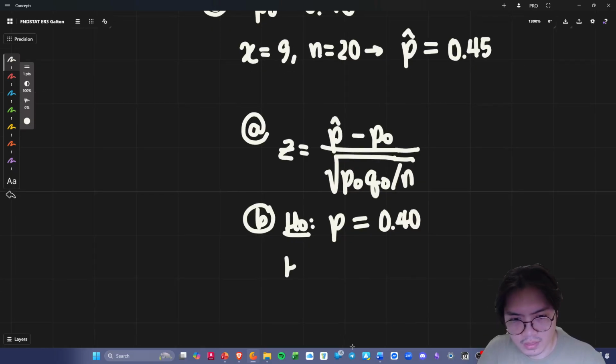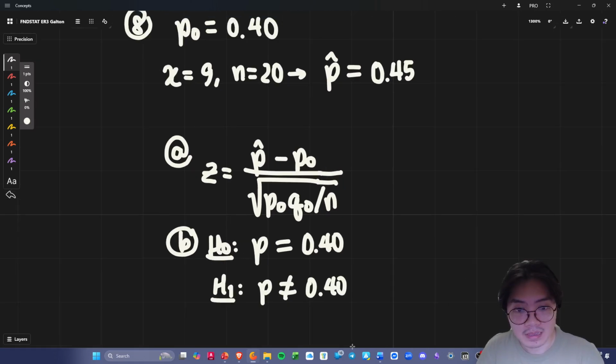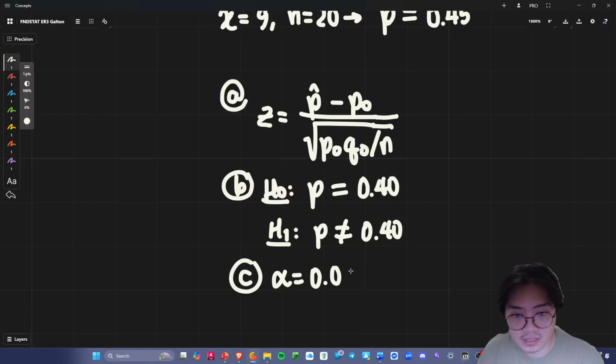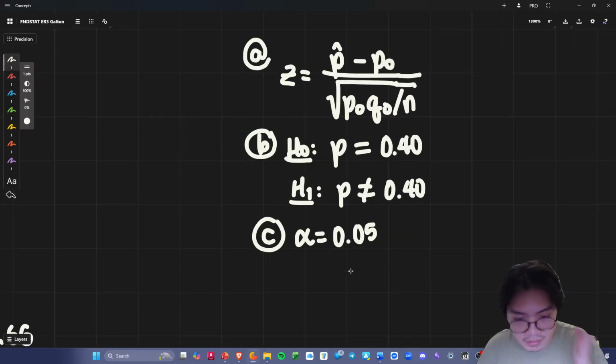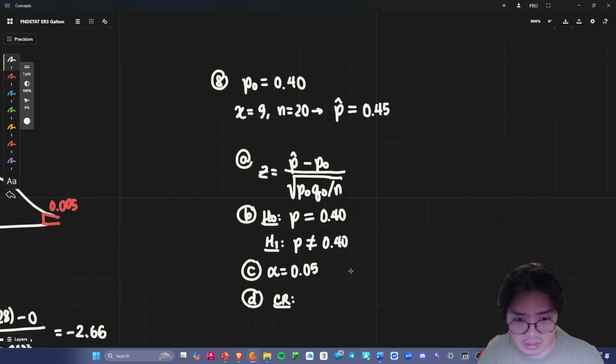Not population, it is proportion we're talking about. Therefore, the alternative here is p not equal to 0.4. It could be bigger than, it could be smaller than, as long as it's not 0.4. Letter C, our alpha, our level of significance, is 0.05. We'll split that. Letter D, our critical region should be two-fold for the two-tailed test.